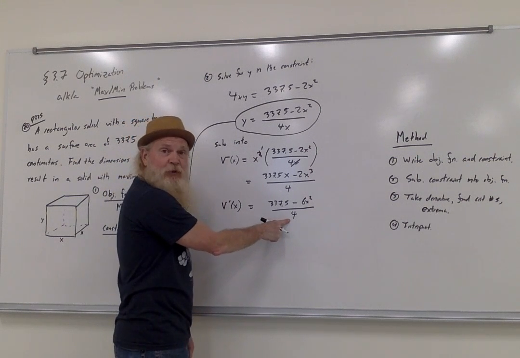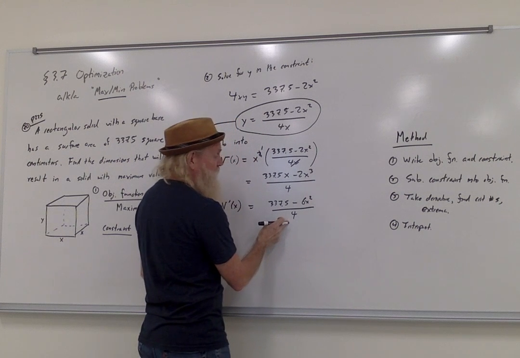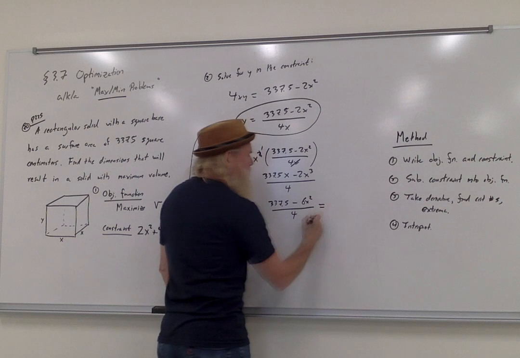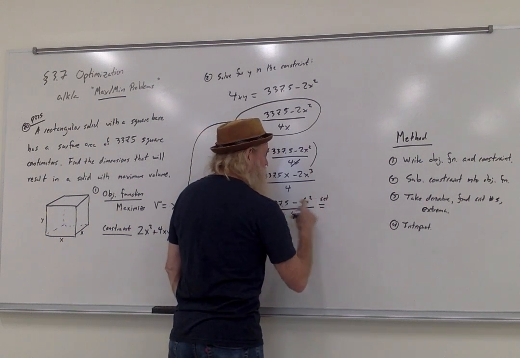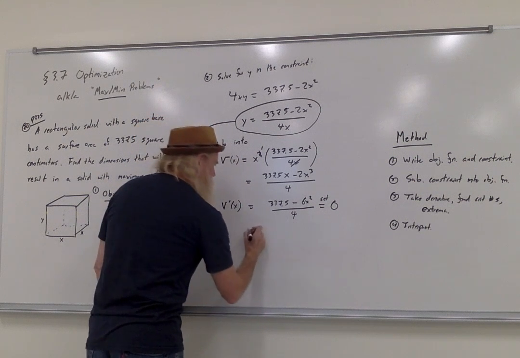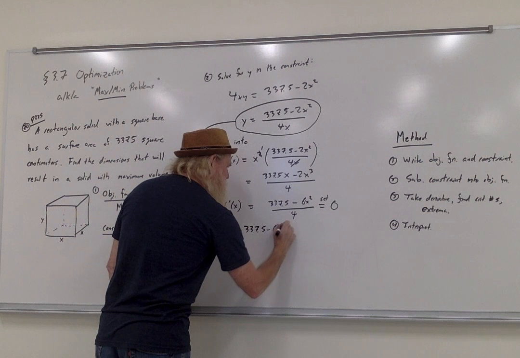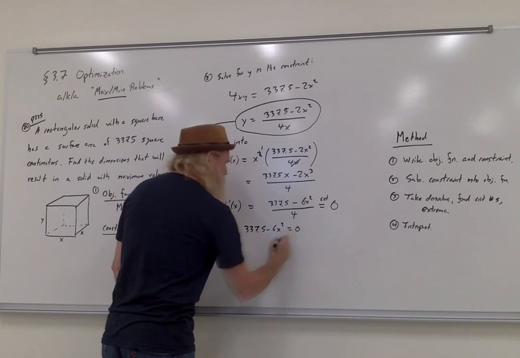There's no place where the derivative is undefined, since the denominator is non-zero. To find where it is equal to 0, I need to set the numerator equal to 0. So 337.5 minus 6x squared equals 0.